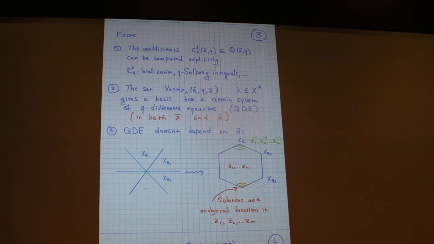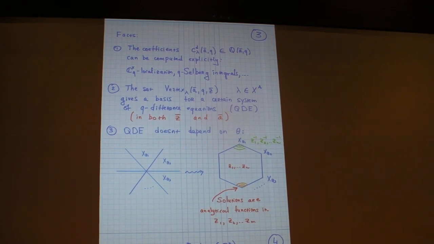Another thing which is more important is that these power series actually form a basis of solutions of some quantum difference equations, or q-difference equations. And moreover, it's difference equations in both equivariant parameters A and Kähler parameters Z, right? So those parameters enter differently.